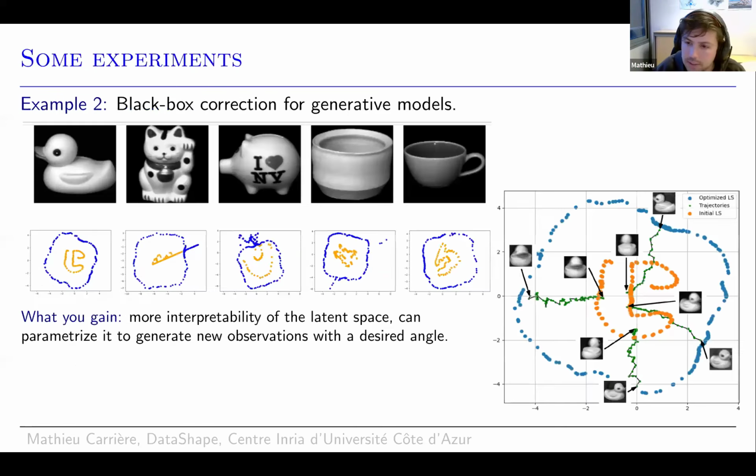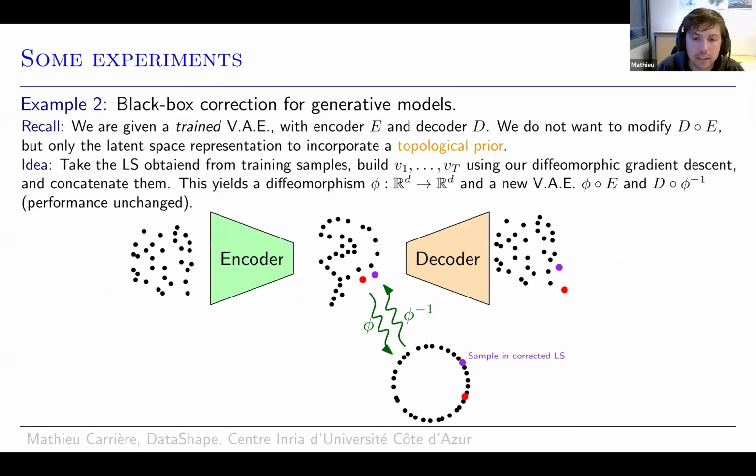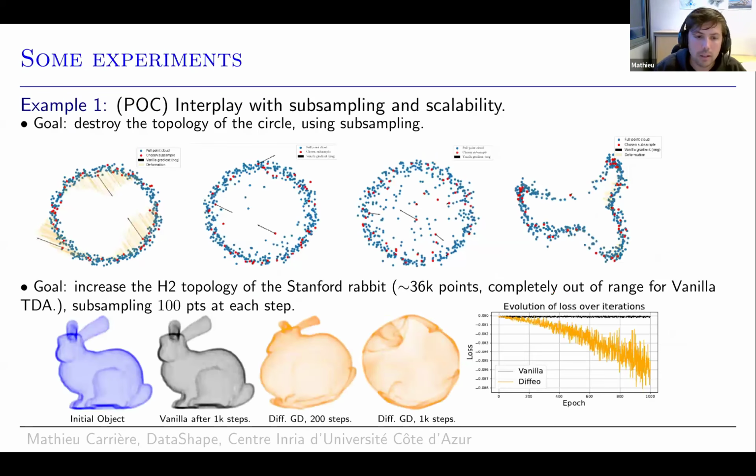All right, so let's see what I can do with that. In the corresponding paper, our way of discussing this was mostly this experiment. One thing I can say for sure is that we could easily treat bigger point clouds than what we could with vanilla, just because we're allowed subsampling.